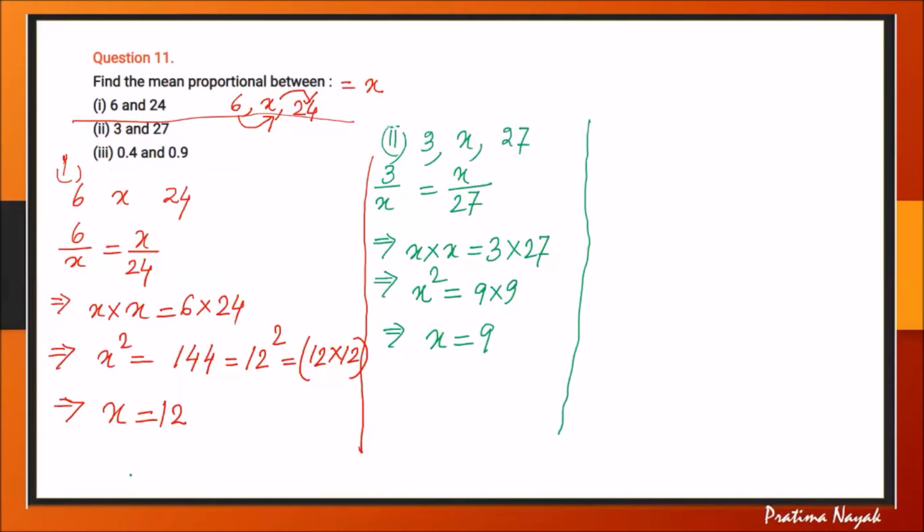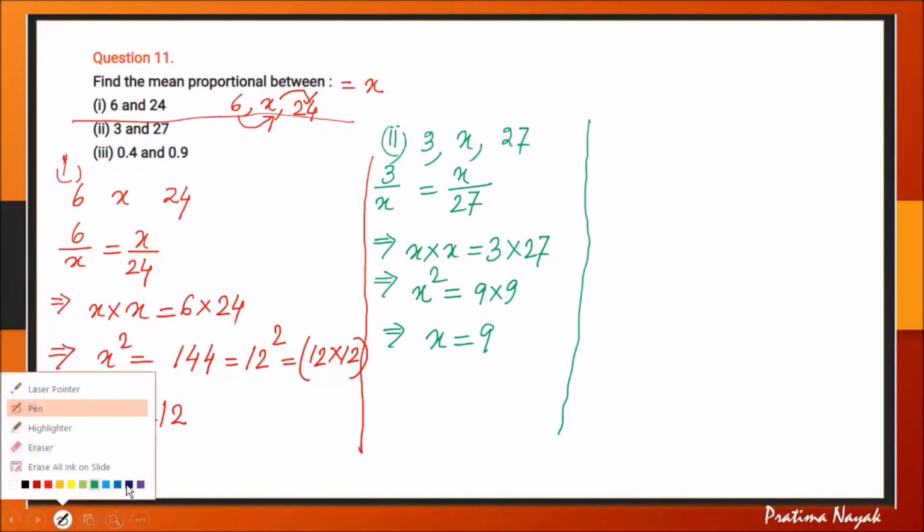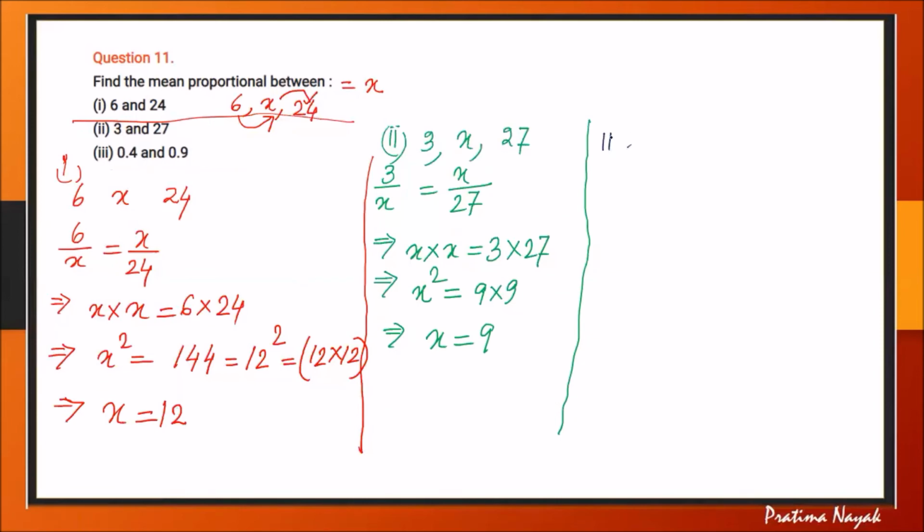Coming to the third one. Third one is 0.4, the decimal is there, x is in between, then 0.9. So 0.4 upon x is equal to x upon 0.9.